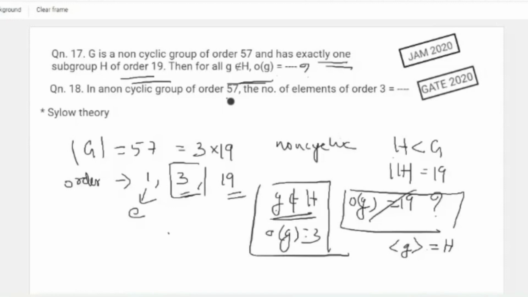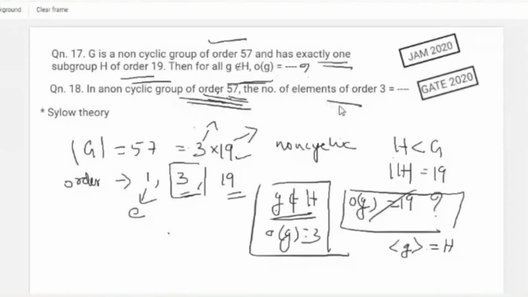By looking at the Sylow 3 subgroups and Sylow 19 subgroups, the only divisors of 57 congruent to 1 modulo 3 are 19 or 1, and the only divisor of 57 congruent to 1 modulo 19 is 1. Okay, only one subgroup of order 19 is there, using Sylow theory.